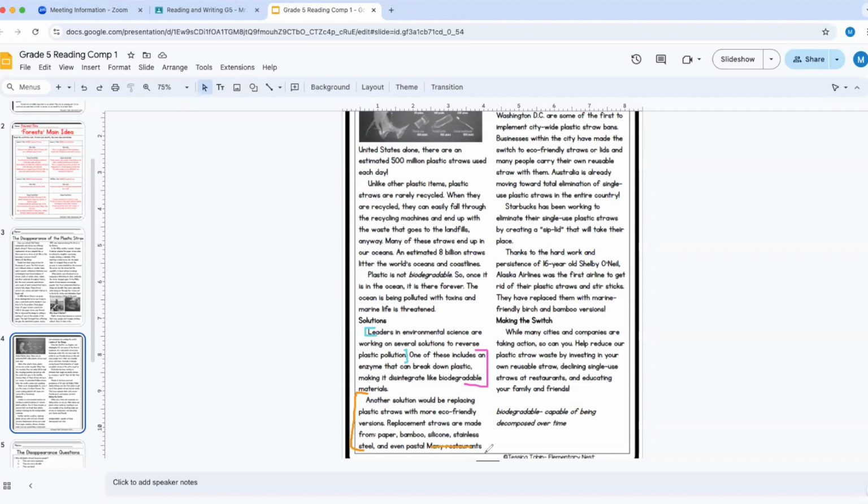What's the main idea in this section? Solutions. Bowen, you sent it like 5 times.